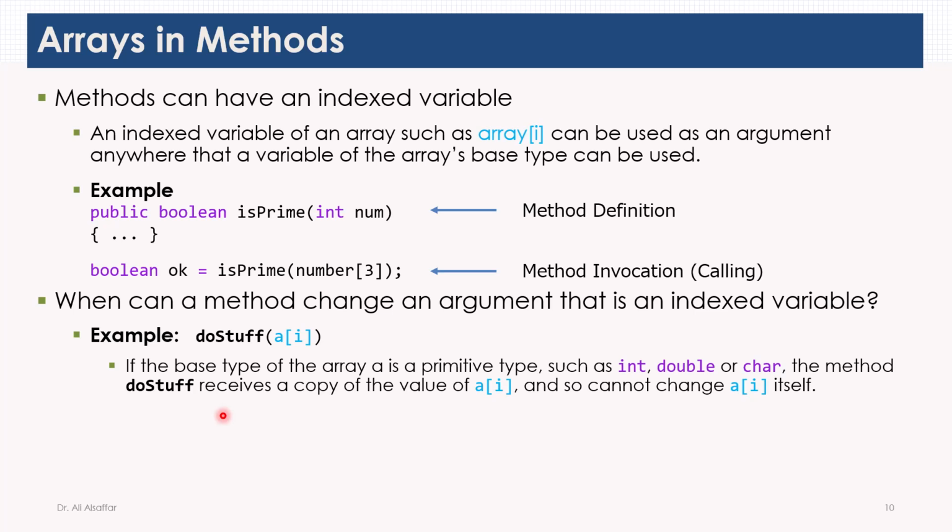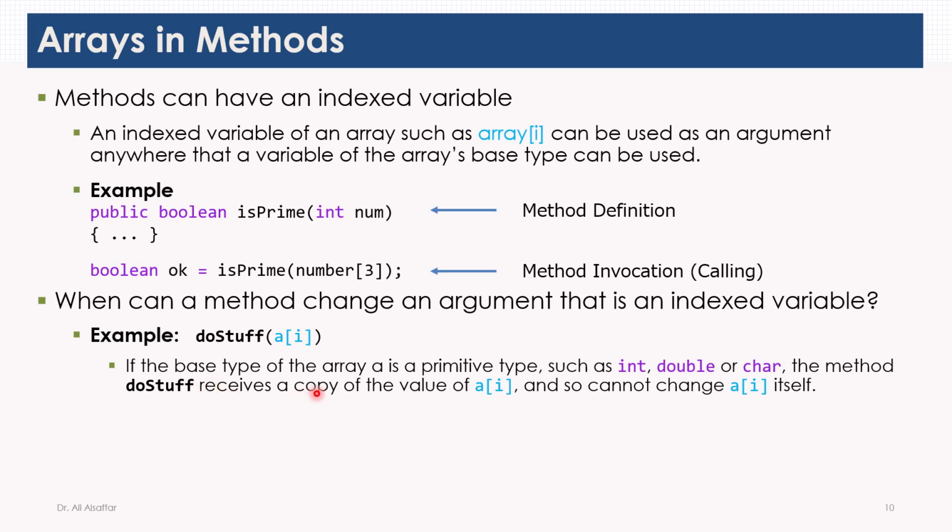So imagine that we have a method called doStuff, and a[i] is the parameter that we want to pass to it as an indexed variable. Whether the value a[i] passed as input parameter to the method will change inside the method depends on its data type.